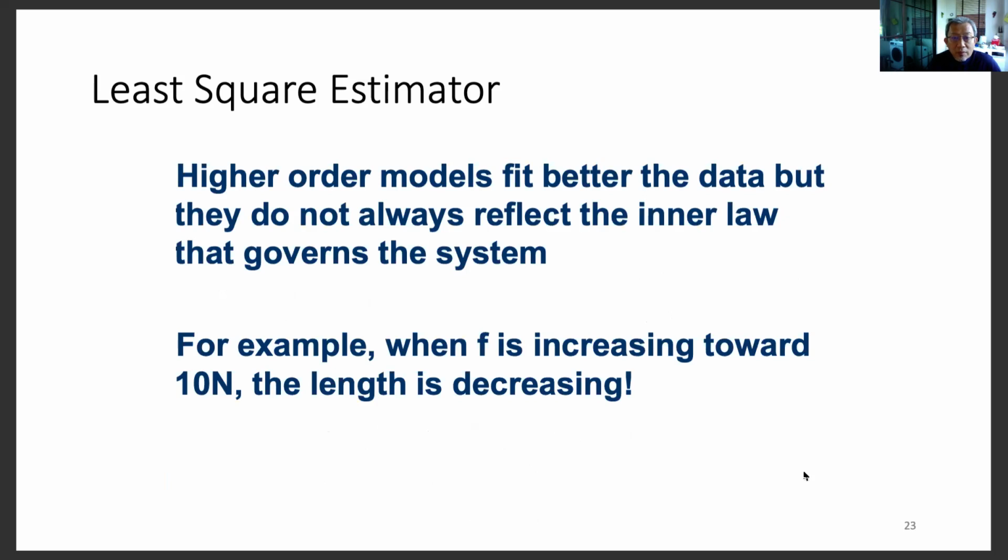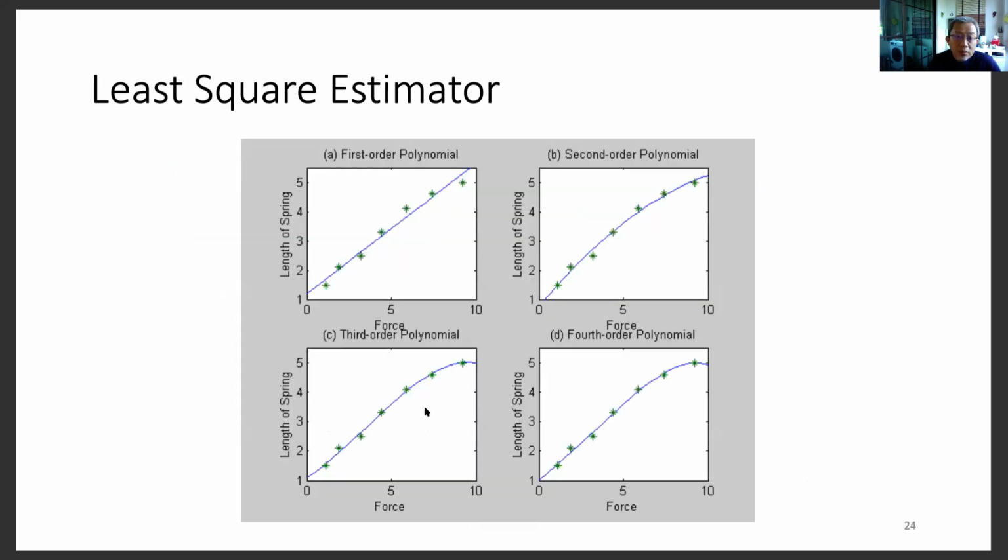For example, here we try a first order model structure. We select a first order model structure. You can see that the blue line tries to fit the green data. The green data is the real data from the experiment, but it is not good enough.